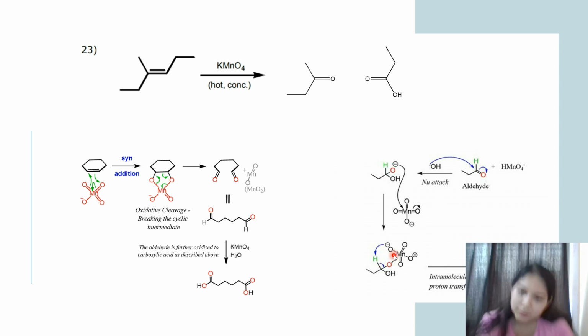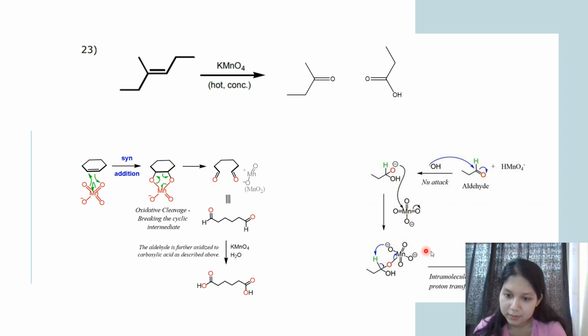Okay, so you end up getting the corresponding acid of the aldehyde formed, in this way, where a hydroxyl ion from the system also comes into the picture, and then you react the anion with the second molecule of permanganate, leading to the formation of the corresponding acid.